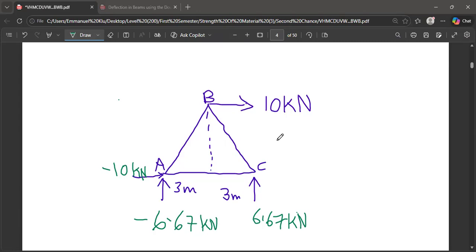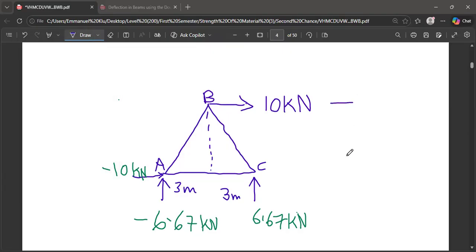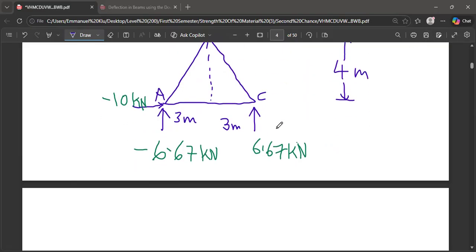Exactly. So let's put down our height. We can't do our work without our height. It's very essential in the calculation. So our height was 4 meters. So we are good to go.